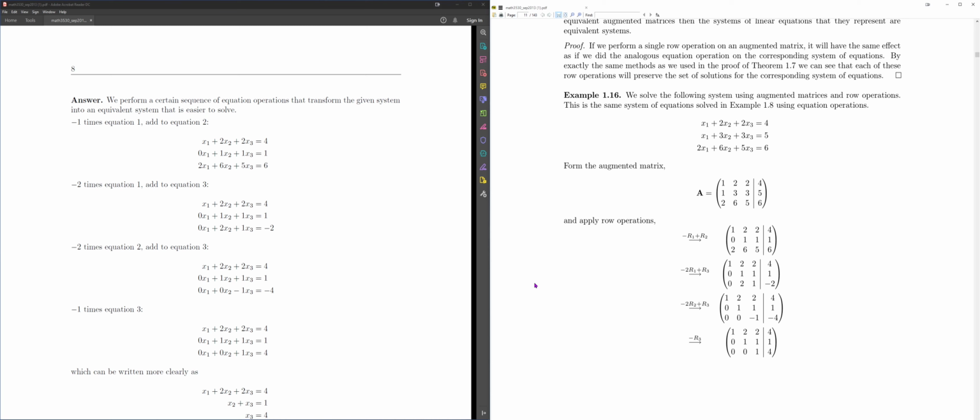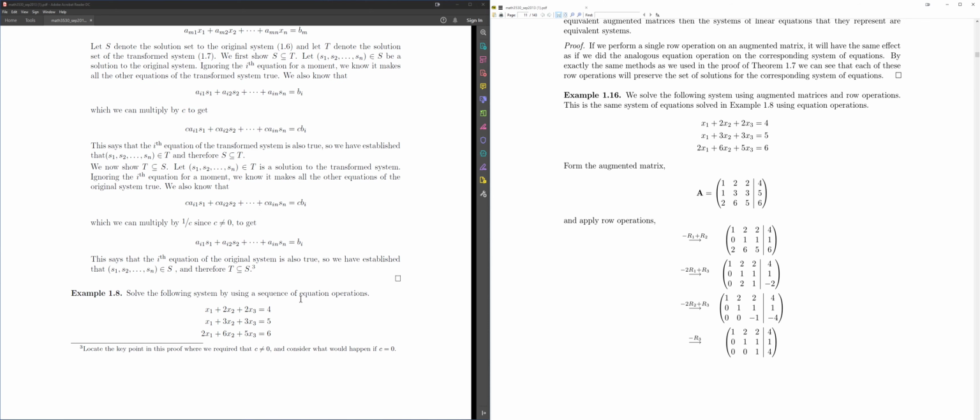Okay, so how do you drop off the variables? So this is the same system. The system over here is the same as the system over here, right?